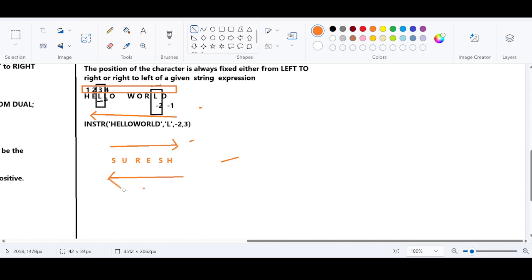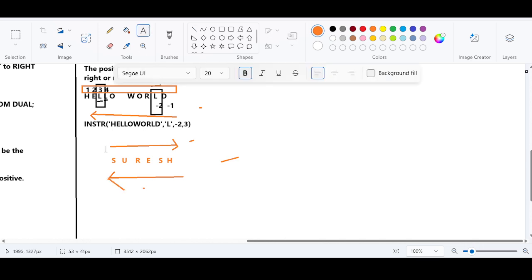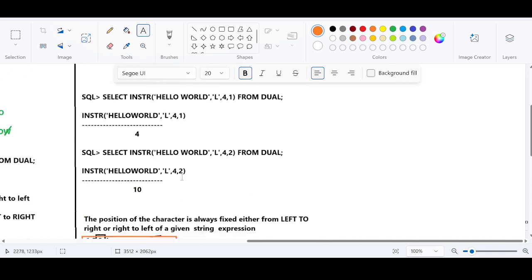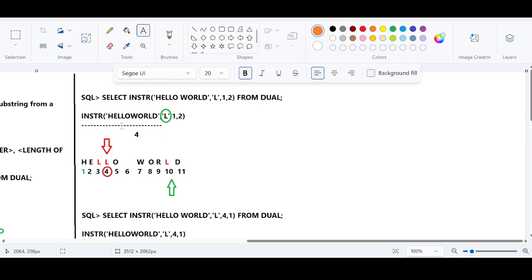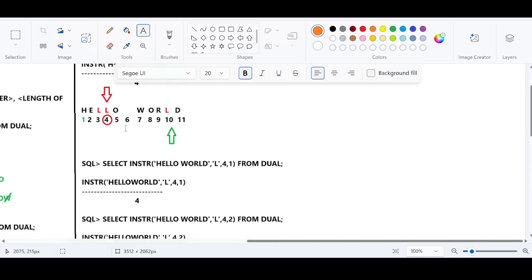But if you see the indexes, the Suresh index positions are always 1, 2, 3, 4, 5, 6. No matter if you're counting the occurrences from right to left or left to right, the index positions are going to start from left to right. This is the idea here for INSTR. Okay, it looks a little complicated, but when you practice it, it is very easy.